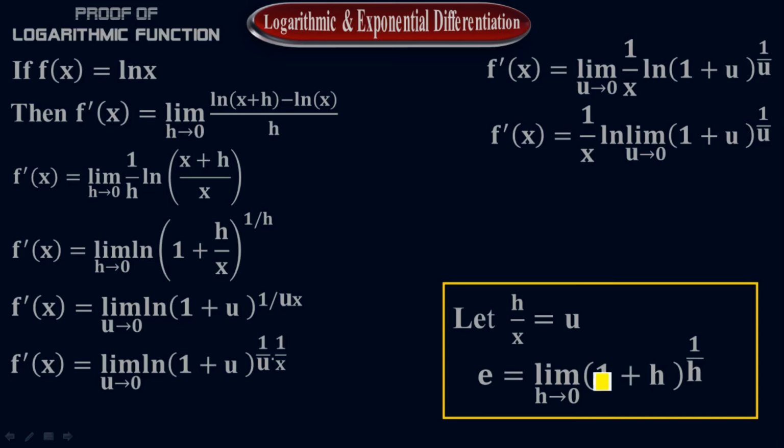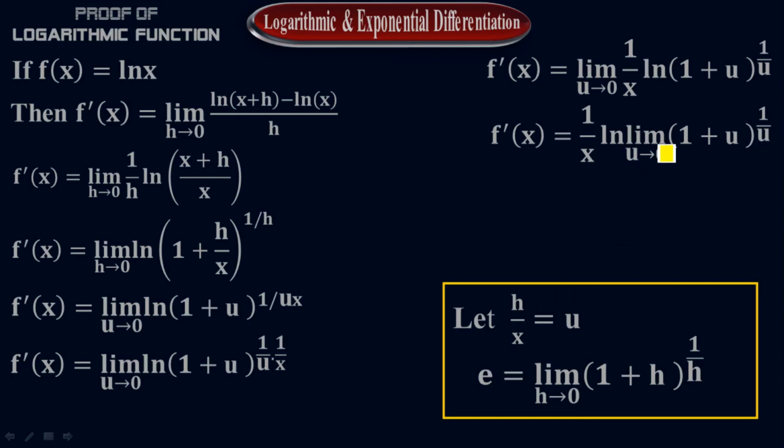This is the mathematical equality for the constant e. But for the h, I have u here, and also u here. So this whole thing, from here up to there, equals e.